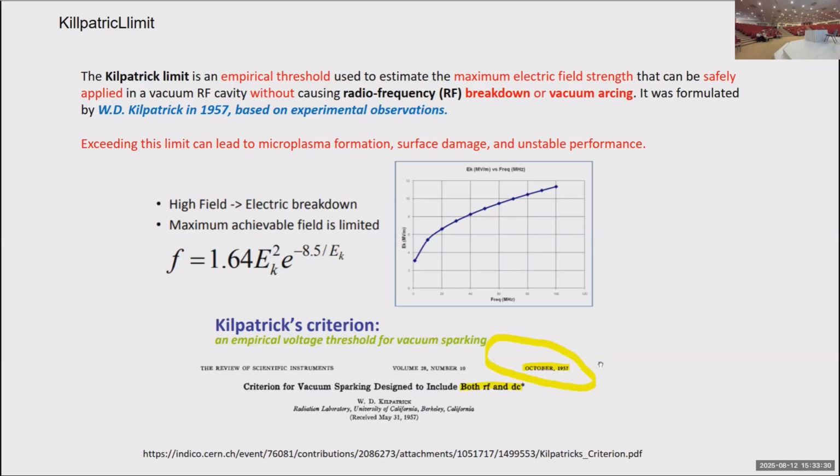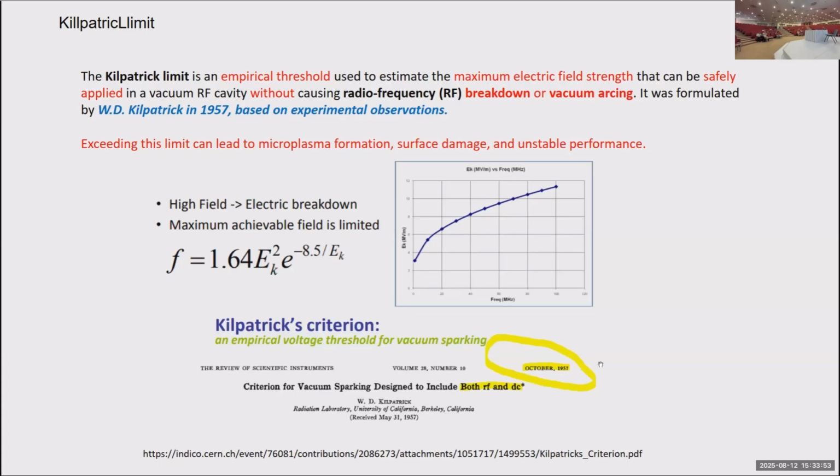If you apply some power, depending on the voltage, then the voltage cannot be higher than this value, and you get sparking, which is one kind of breakdown.